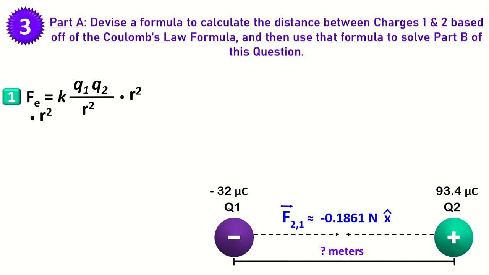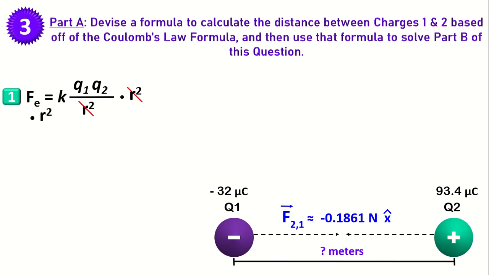Alright, so let's start applying our basic algebra properties. In this case, we're attempting to solve for r, right? And on the right side of the equation, we're given a fraction. So the best way to get rid of a fraction is to simply multiply by the denominator, such that the denominators will cancel out.